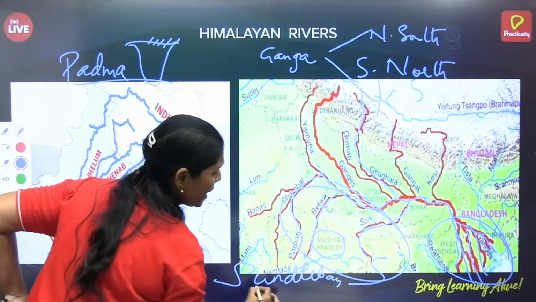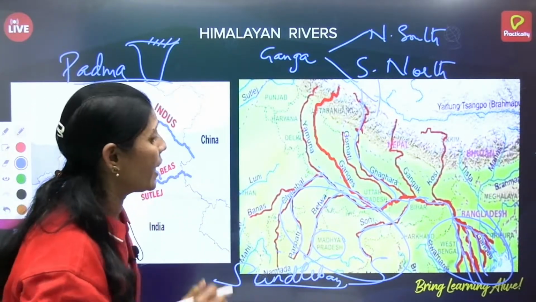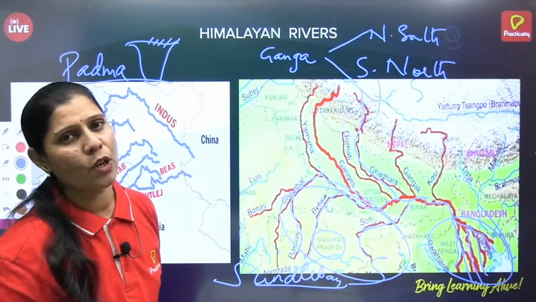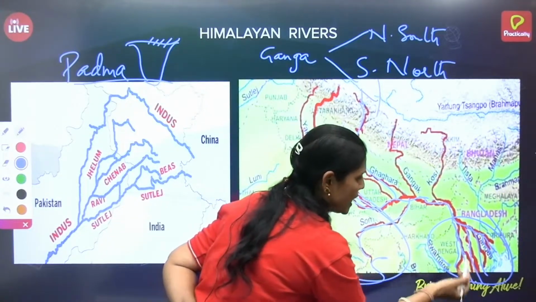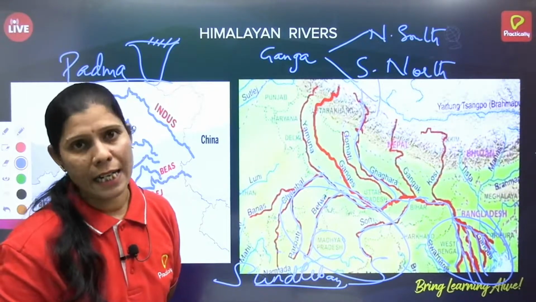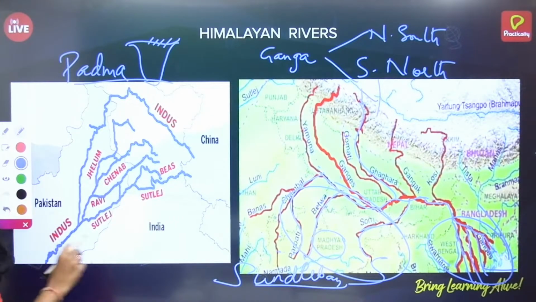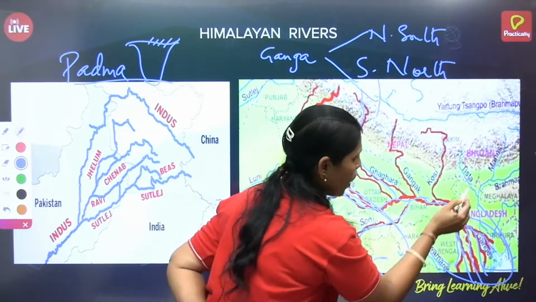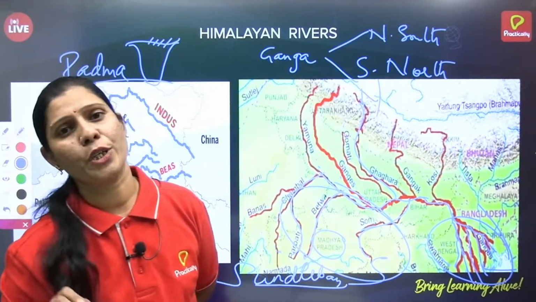Why it's called the Sundarban delta is that in these deltas there are important trees called Sundari trees. Due to the existence of Sundari trees in these delta regions, we call it the Sundarban delta, and it is very famous for Bengal tigers. Note this point. And one more important point to note here: Padma is joined by the Brahmaputra river even in Bangladesh and forms a huge delta.